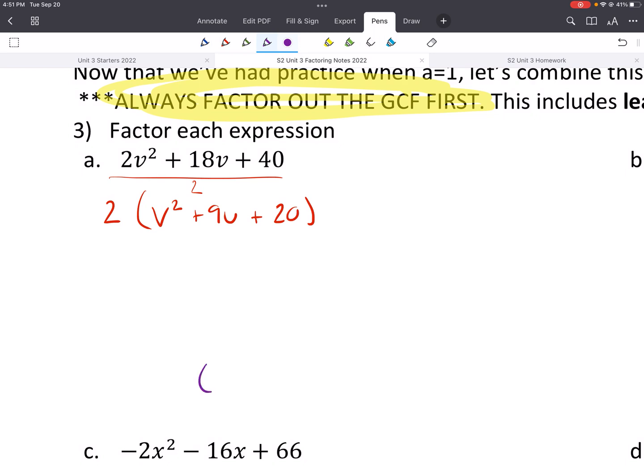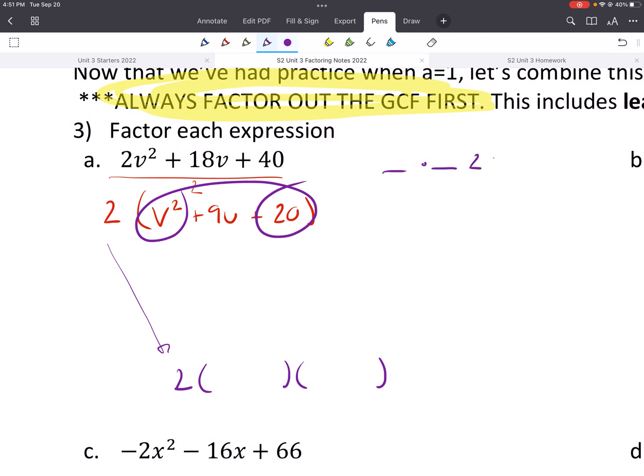Just make sure that when we're done, we write down our greatest common factor first. And I think it's a great idea to do that. Whenever you take out a greatest common factor, write something like this, and then you can't ever forget. Okay? So then we'd do glasses, and would say needs to multiply to 20v squared and adds to 9.